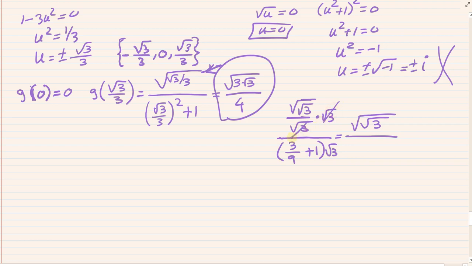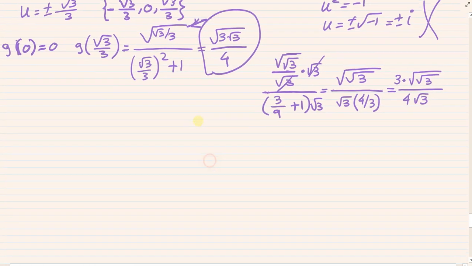The root 3 here crosses out. In the bottom, I have root 3. And then 3/9 is 1/3, right? 1/3 plus 1 is 4/3. And 4/3, you can invert and multiply, it becomes 3 times root 3 over 4 root 3.